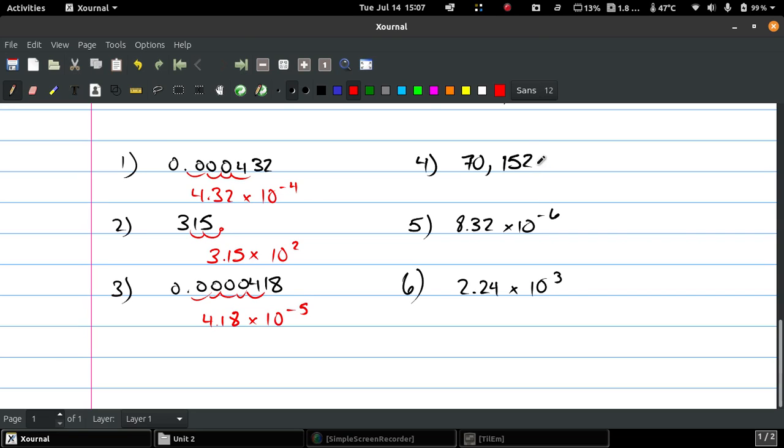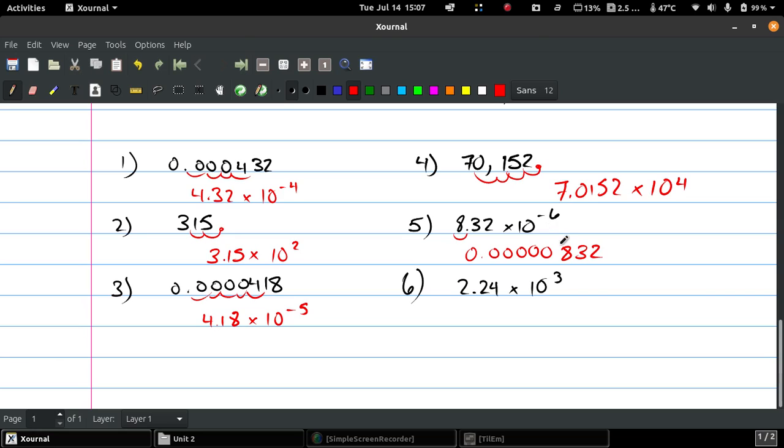This one is moving from the right to the left. So you have 1, 2, 3, 4. So you have 7.0152 times 10 to the 4. So this one, all you have to do is 1, 2, 3, 4, 5.